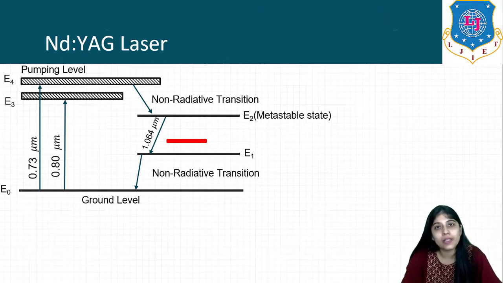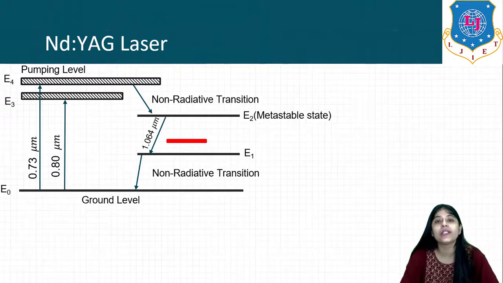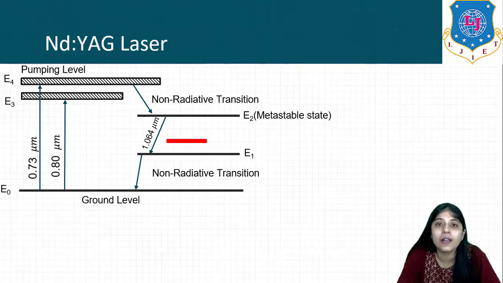The transition from E3 and E4 to the E2 metastable state is a non-radiative transition. Here no radiation is emitted, just heat energy is released as the energy is converted into the vibrational energy of the atom.